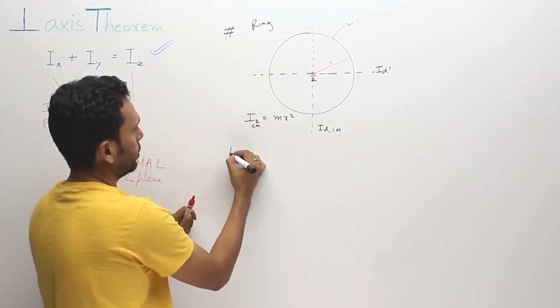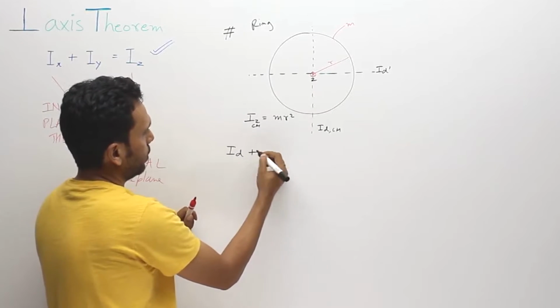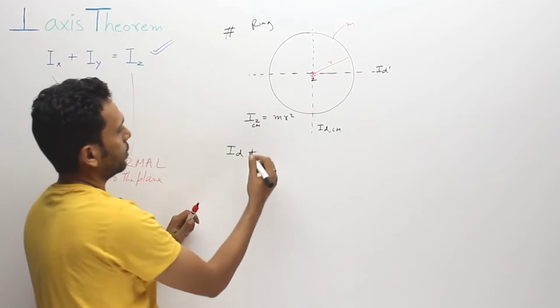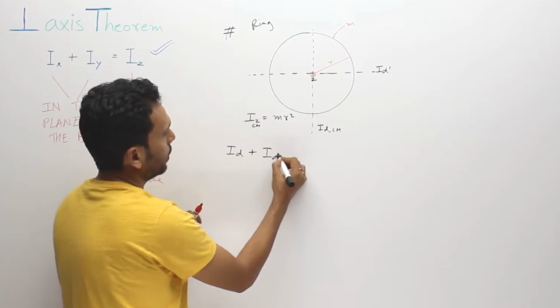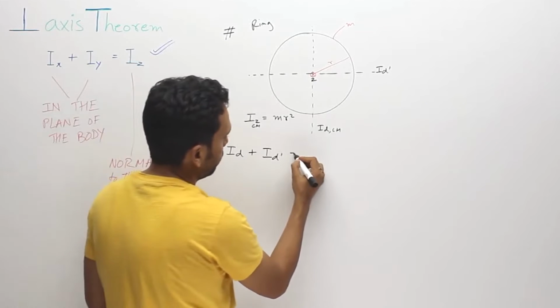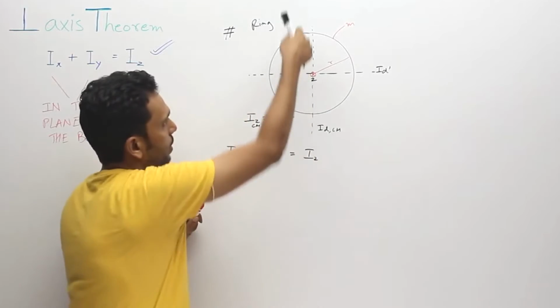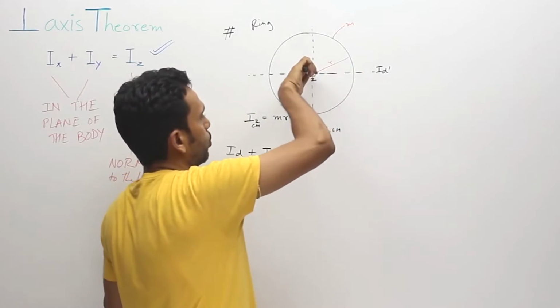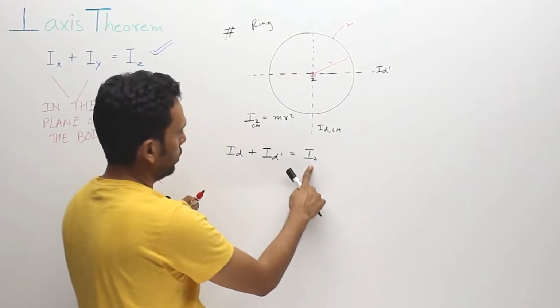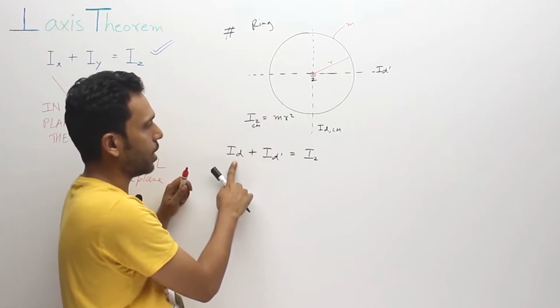So what we have here with the help of the perpendicular axis theorem is I_D plus I_D dash is equal to Iz. Now this is known, these two are not known, and this was asked.